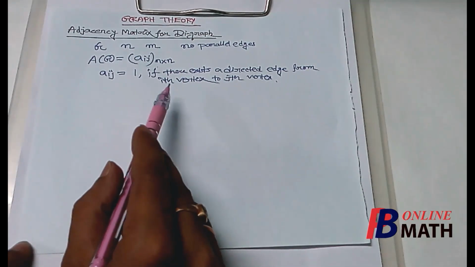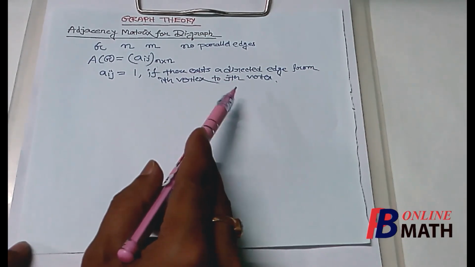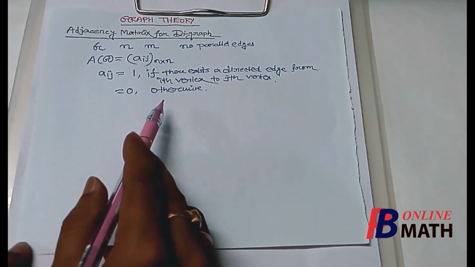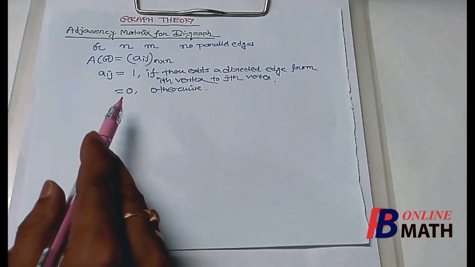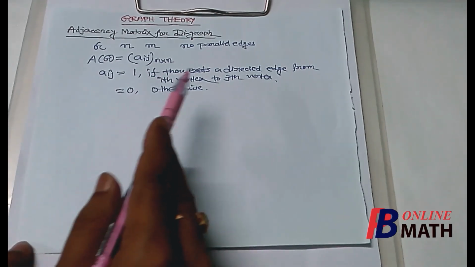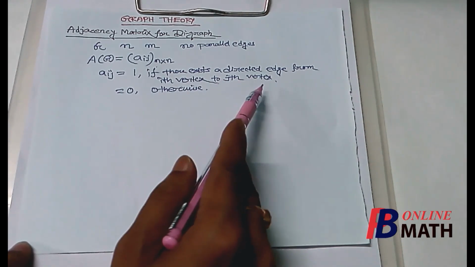So the direction of that edge must be from the ith vertex to the jth vertex. Then we shall put Aij equal to 1. Otherwise we shall put Aij equal to 0. Remember that Aij equals 1 if there exists a directed edge from the ith vertex to the jth vertex.